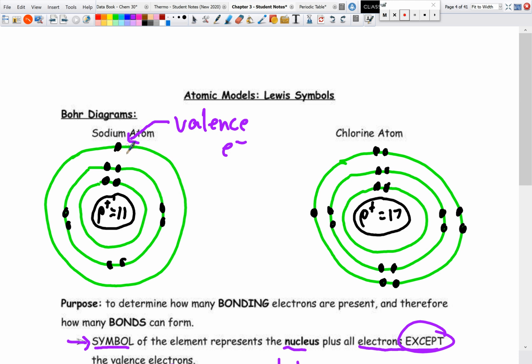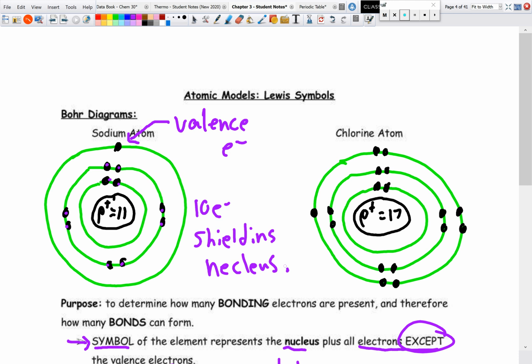This is the only electron that sodium can actually bond, either give up or share with. It will give up because it's a metal. But that means all these electrons inside, so these filled energy levels, we got 1, 2, 3, 4, 5, 6, 7, 8, 9, 10. We have 10 electrons shielding the nucleus.